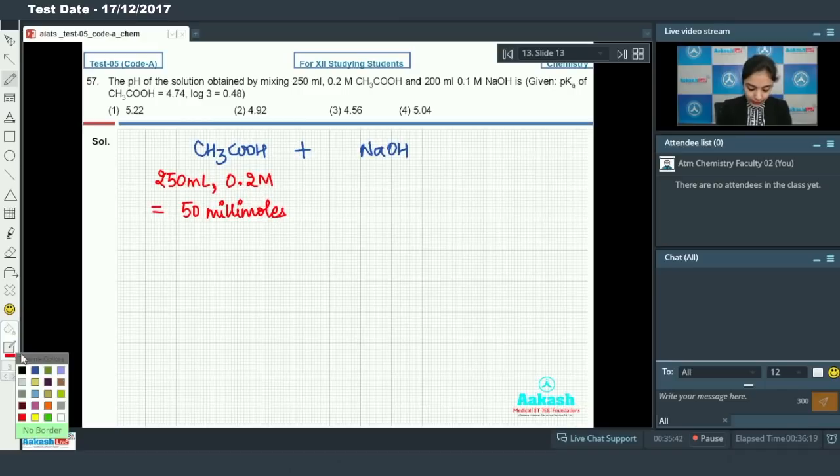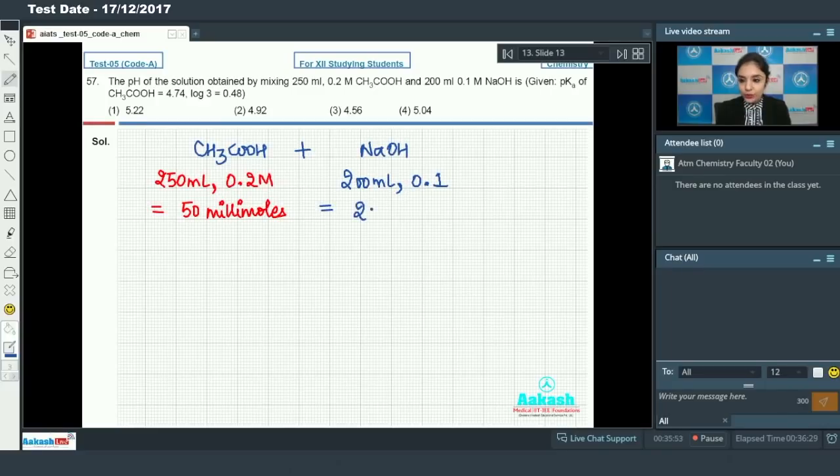Similarly we will see for NaOH. For NaOH we have been given 200 ml and 0.1 molar. So how many millimoles will it be here? The millimoles will be equal to 20. So the 20 millimoles of NaOH will react with 20 millimoles of CH3COOH. So how many will be left after the reaction?